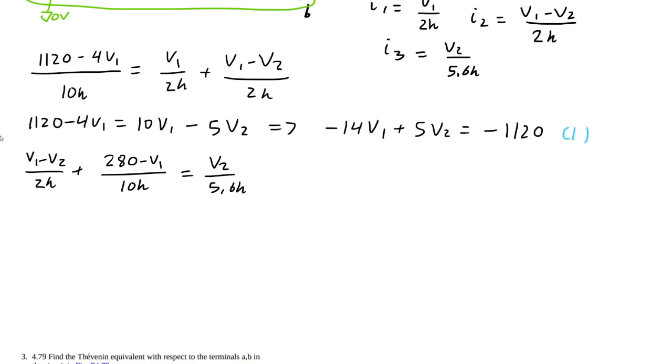That's just going to get rid of everything. So it's going to be 56 million divided by 2,000, which is 28,000, times (V1 minus V2), plus 56 million divided by 10,000, that's 5600 times 280.